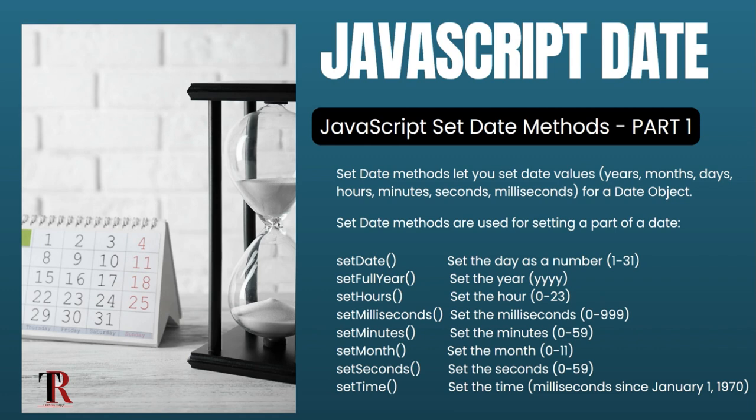And if you are trying to set time, you can use the setTime method as well. So all these methods play a crucial role in setting date values in JavaScript, and I shall be examining them one after the other in the videos that follow this one.